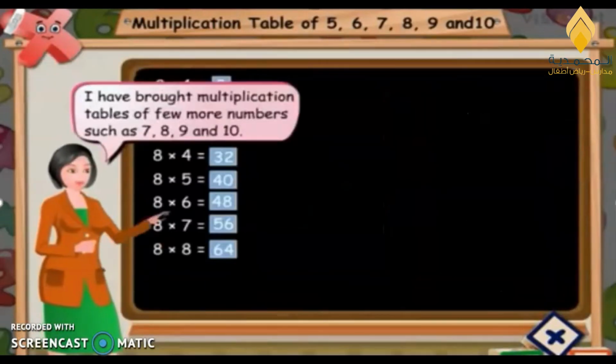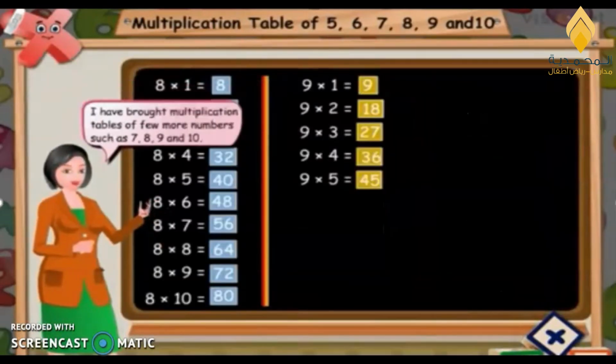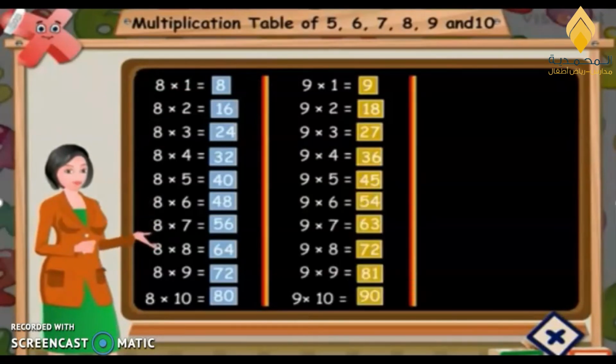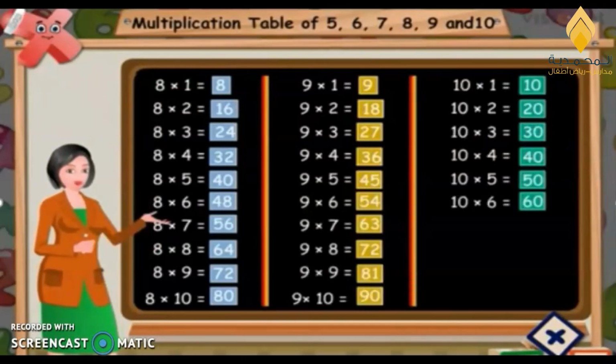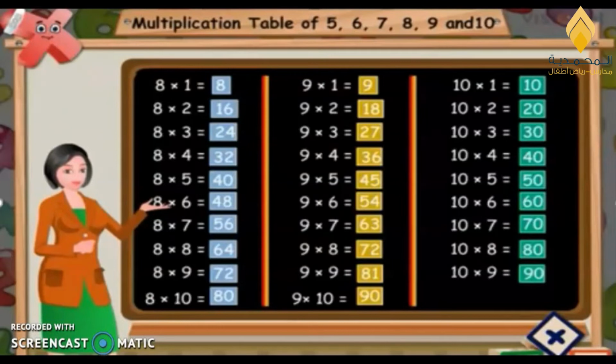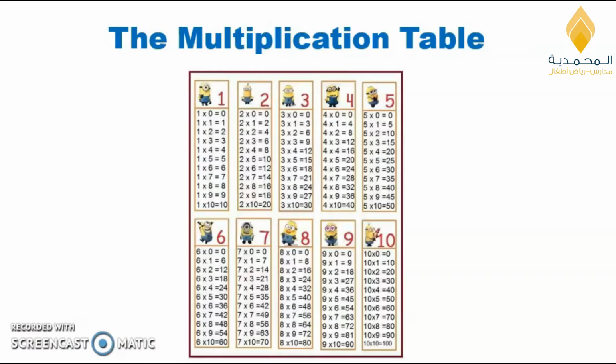And this is the multiplication table of the number 8, the number 9, and the number 10. Again, students, you have to save them and memorize them to let you answer the next questions. Okay? And as I mentioned before, you should save it. It is very, very important.